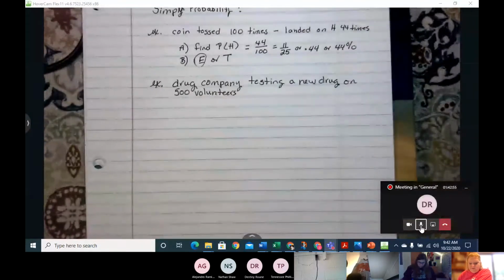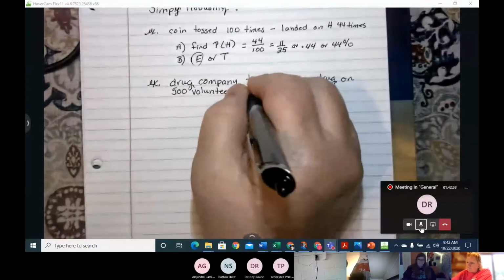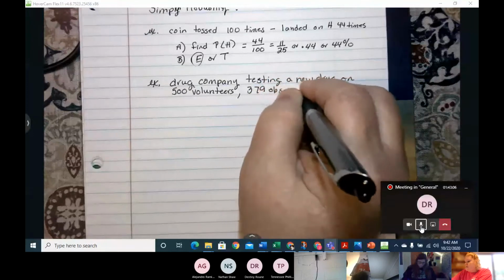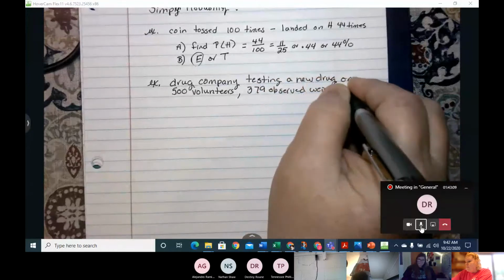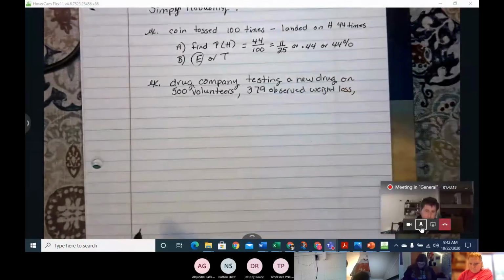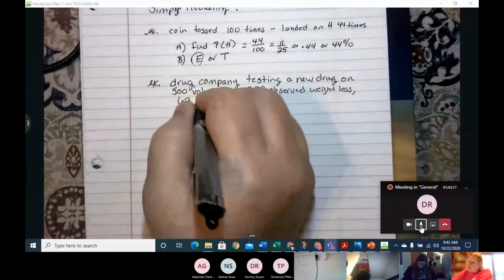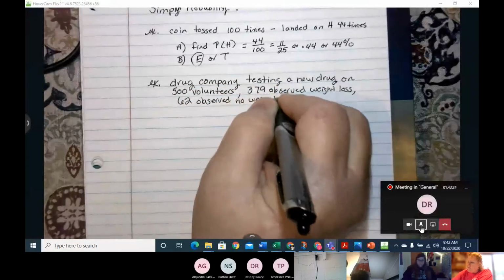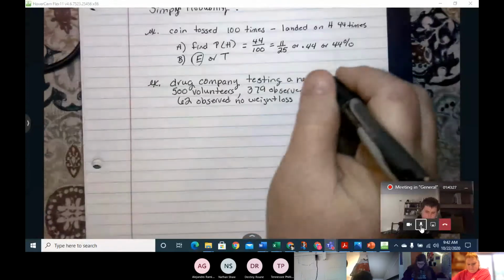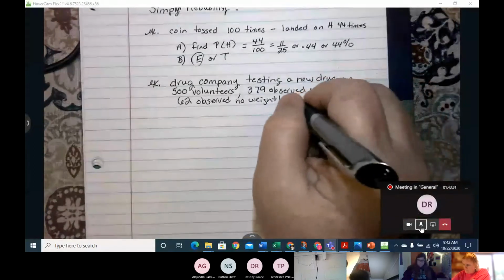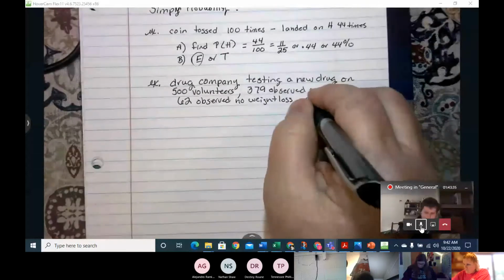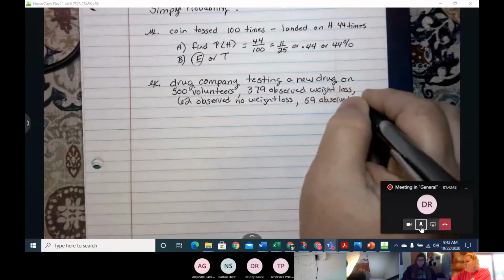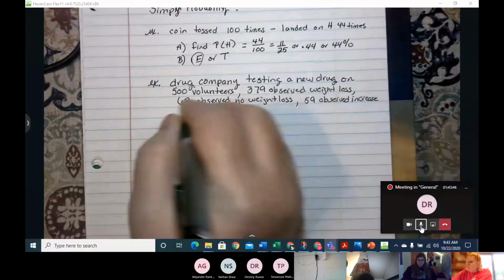They're testing it on 500 volunteers. 379 observed a weight loss. 62 observed no weight loss. 59 observed an increase in weight.